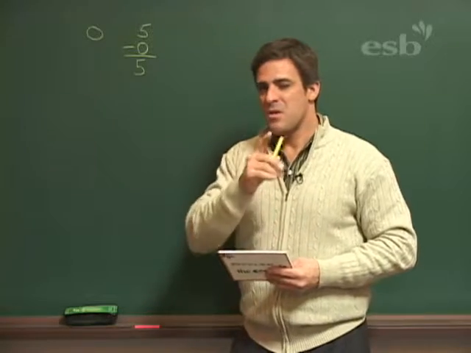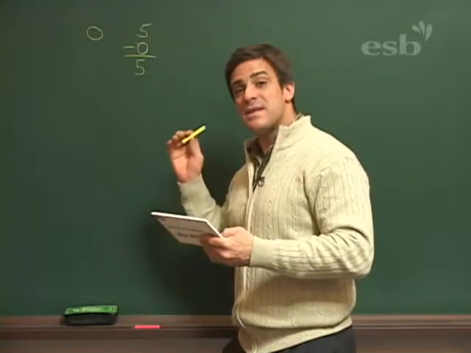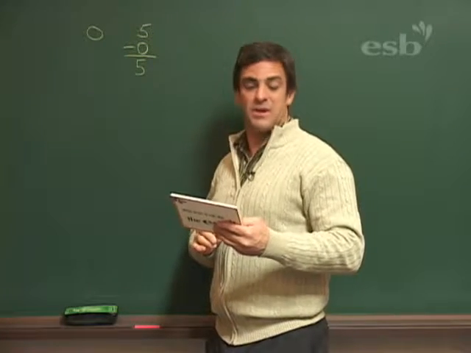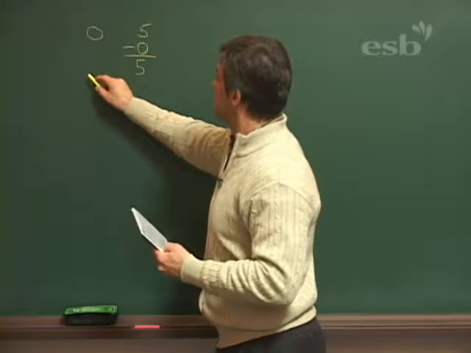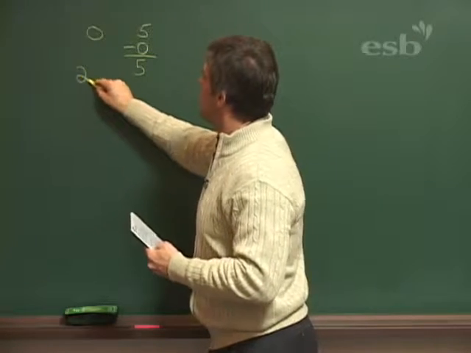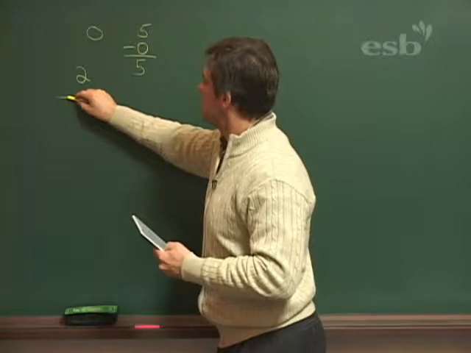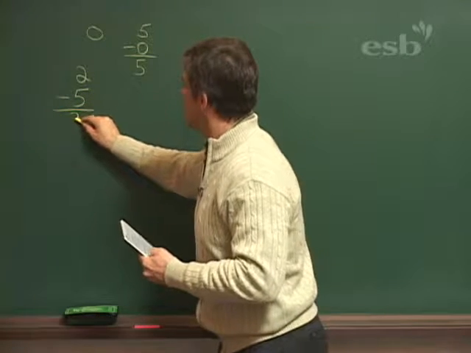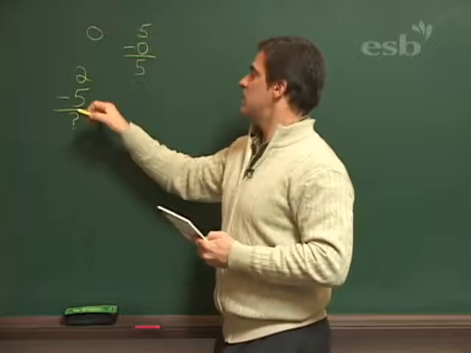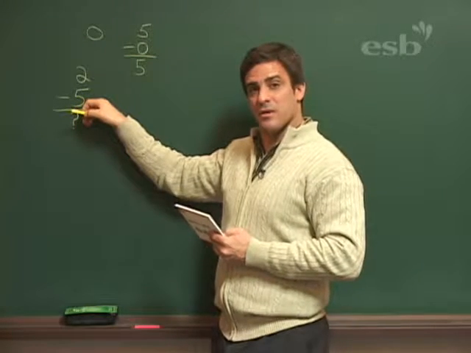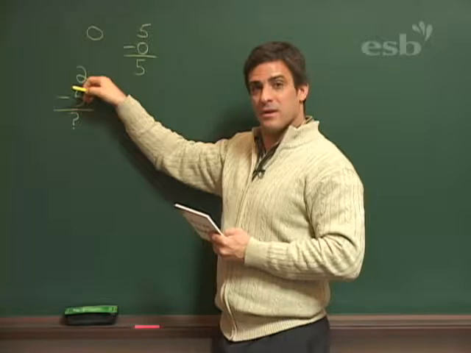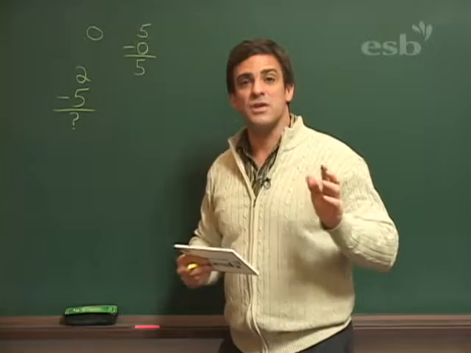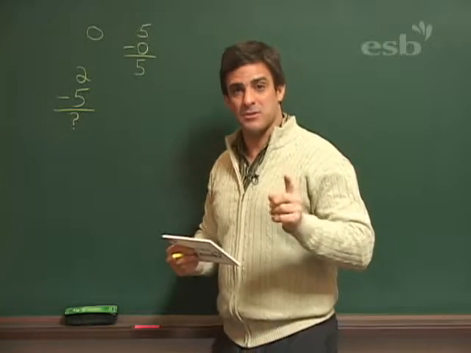One more point is with natural numbers, you can't subtract a bigger number from a smaller number. 2 minus 5. The answer is less than 0, so we can't do this with natural numbers.